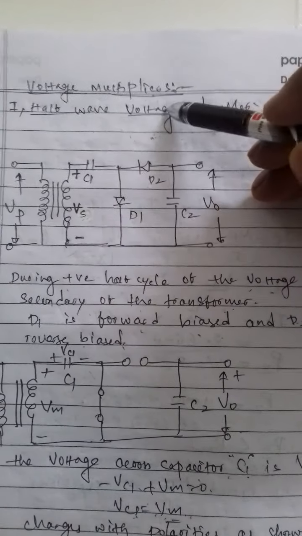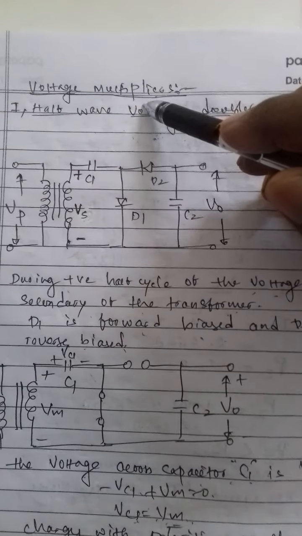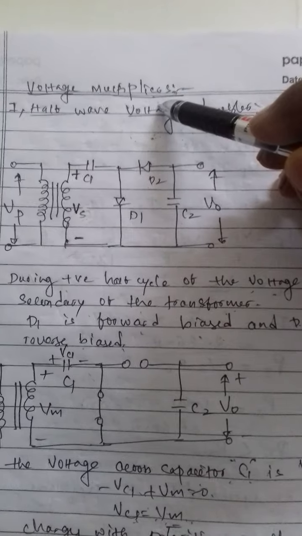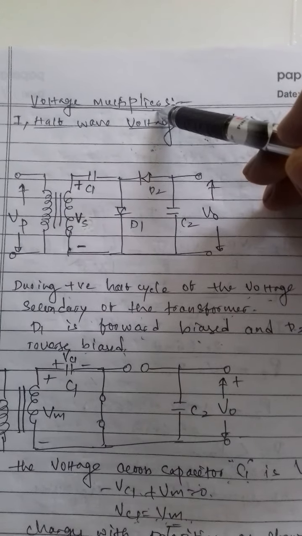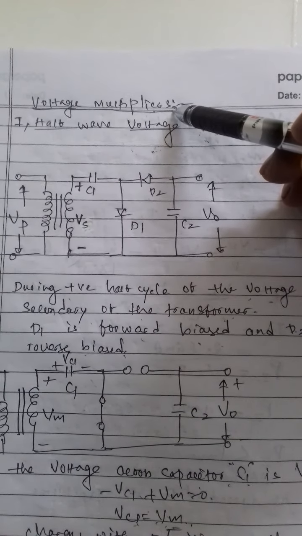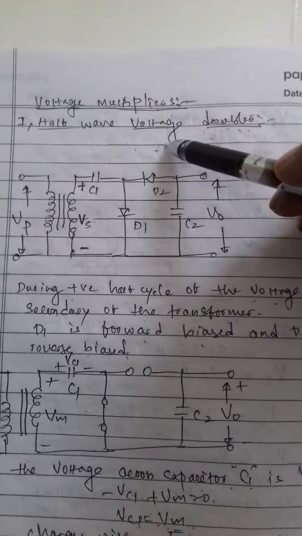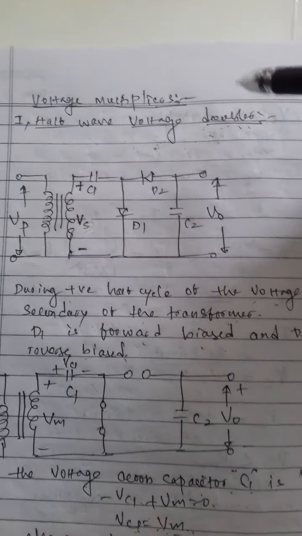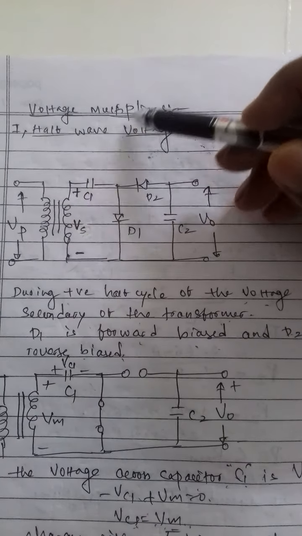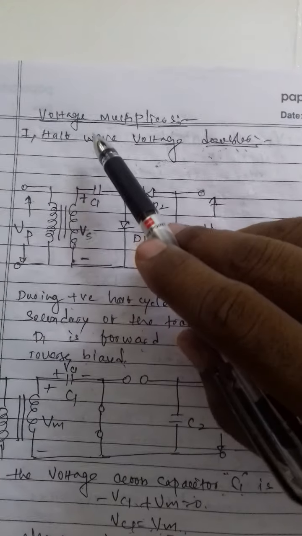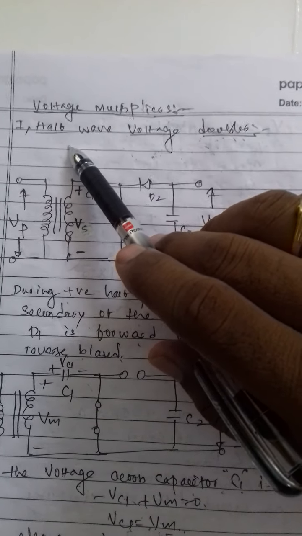As the name itself indicates, these are diode circuits which will multiply the peak value of the input voltage, that is, 2 times the peak voltage, 3 times the peak voltage, or 4 times the peak voltage, so that by using these diodes the multiplication of the peak value of a signal is possible.